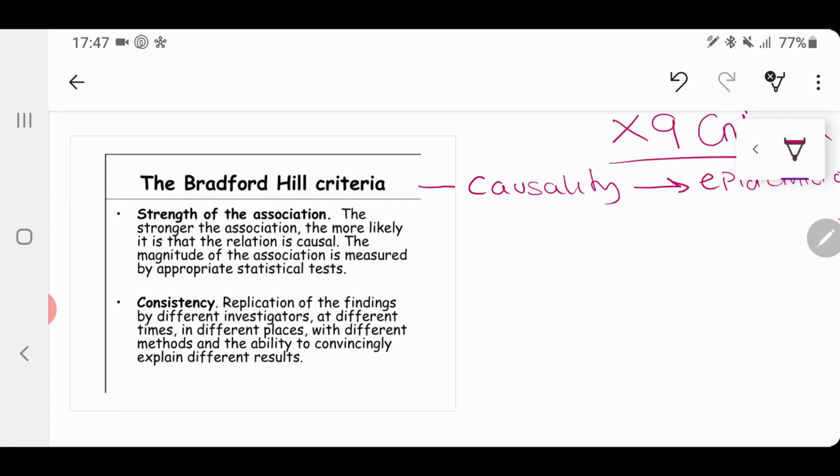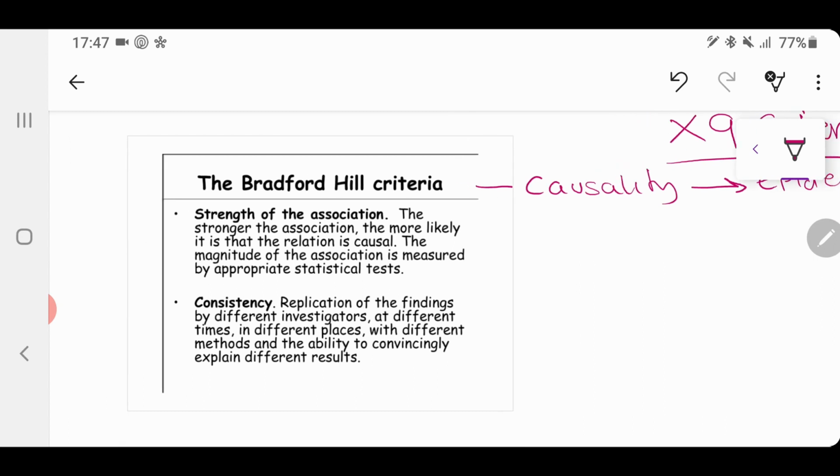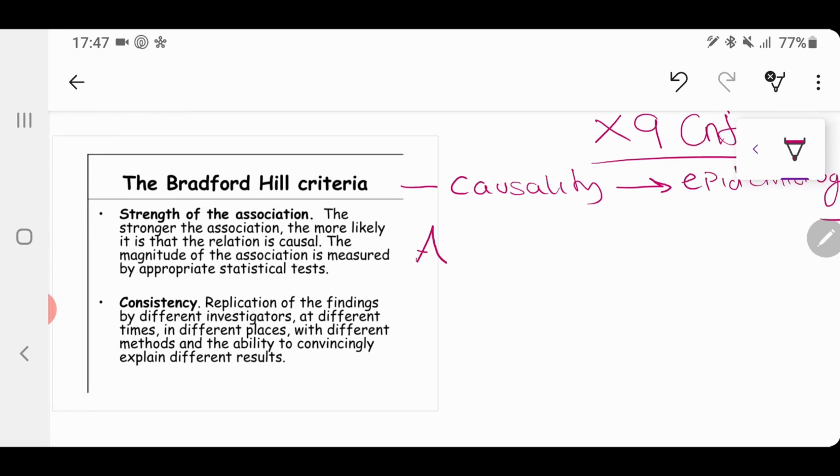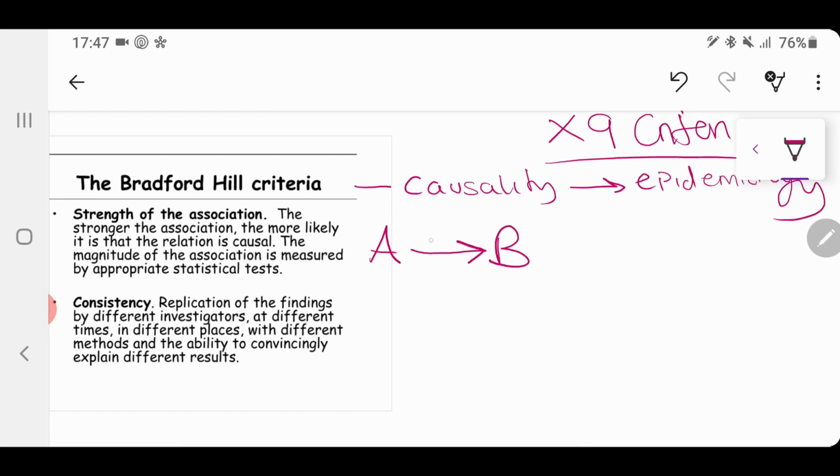All right. First, he mentioned you need to have strength of association. The more associated A is to B, the more likely it is a causal relationship. The more likelihood A is related to B, the more likely it's causal.